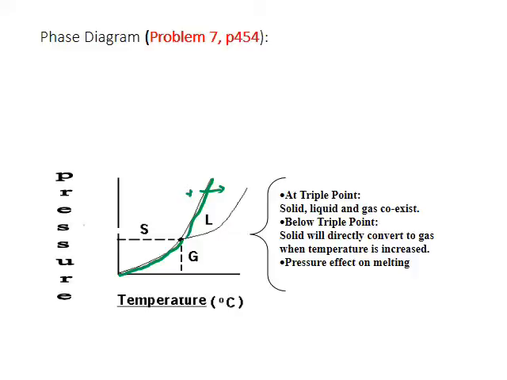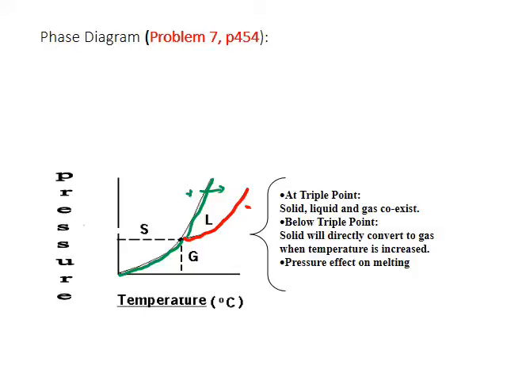Now in this phase diagram, the red curve, on the right side, in this area, you have gas. On the left of that area, you have liquid. So you're seeing all these labels.